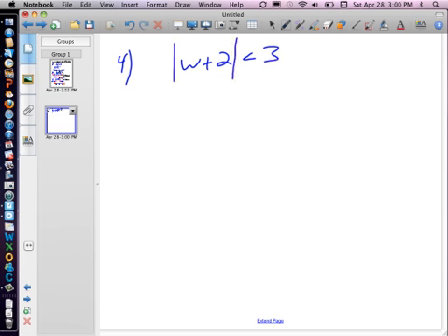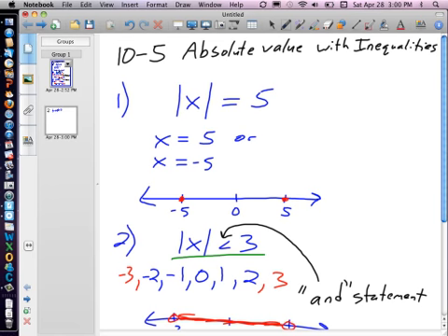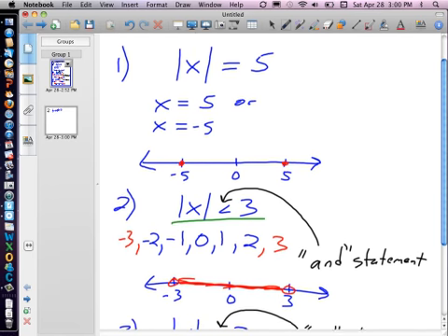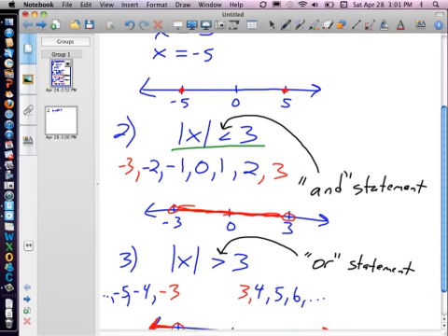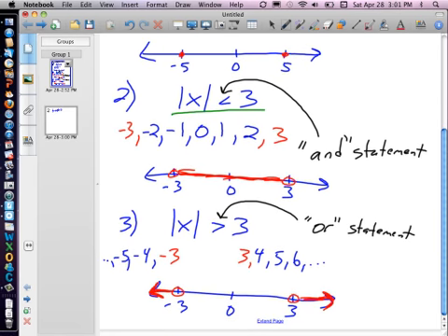So again, if you remember with our absolute value of x is less than 3 example, our boundaries were negative 3 and 3. So that number 3, we use the positive boundary and the negative boundary. Same with the one below. That number is 3. We use the positive boundary 3 and the negative boundary of negative 3.